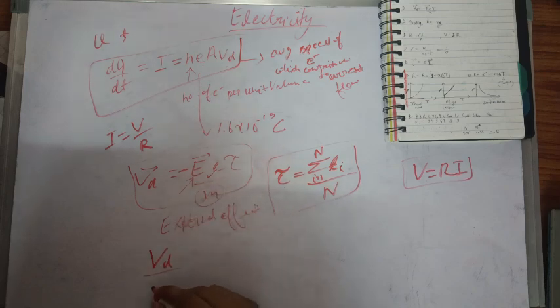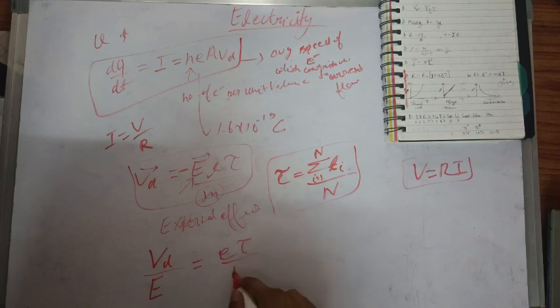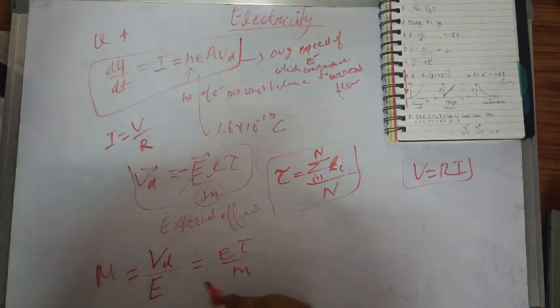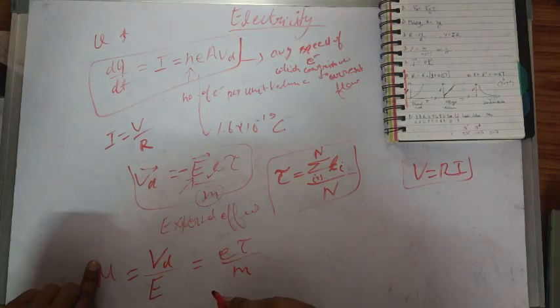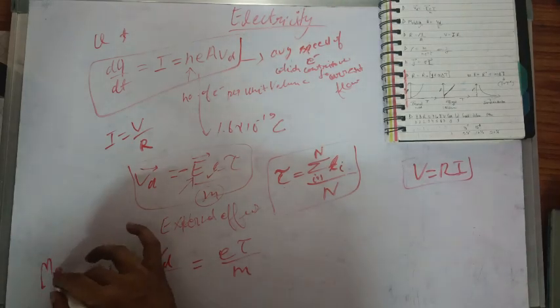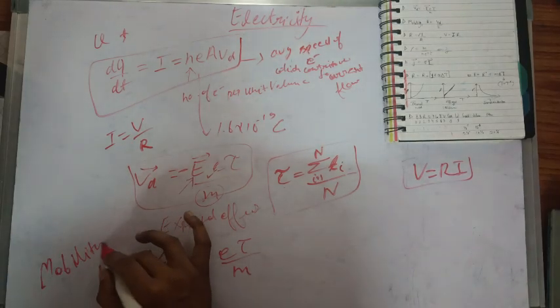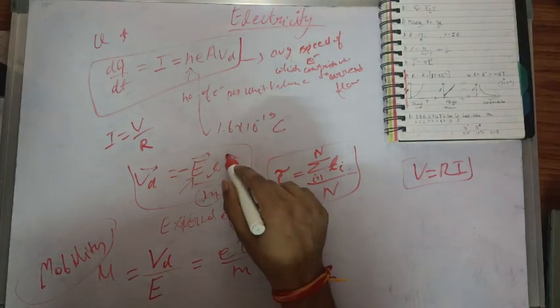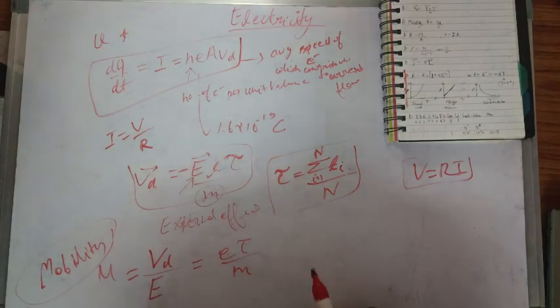Now the drift velocity per unit electric field, which is e tau over m, this is called mobility, means the drift velocity produced per unit electric field is called the mobility. It is the property of a conductor, and tau is almost constant for a given conductor.